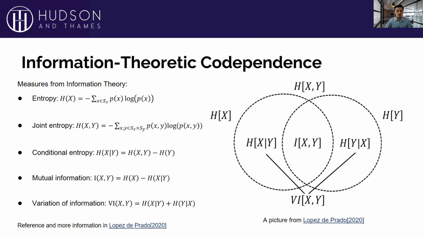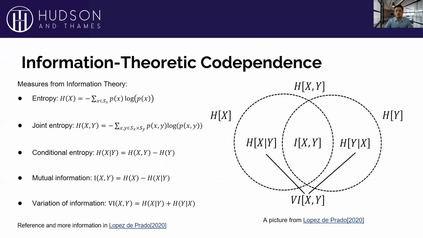You can see on this graph, also taken from the presentation of Lopez de Prado, how the entropies of element X and element Y are related. Here you can see where the joint entropy, the conditional entropy, the mutual information, and the variation of information are.